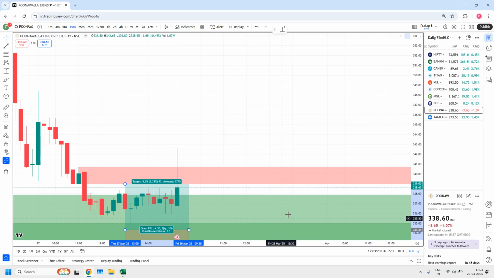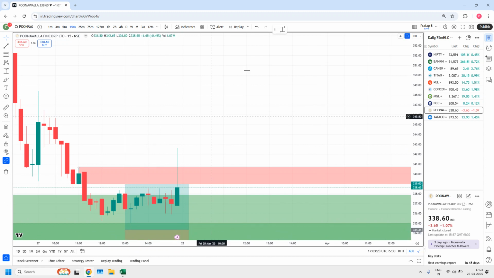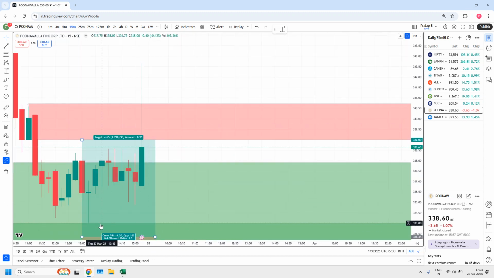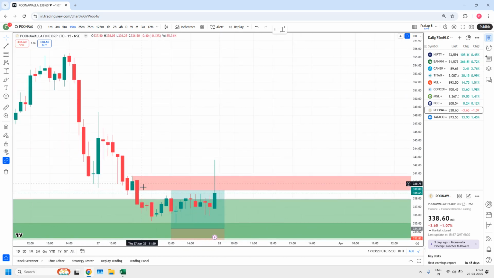Okay. This could have been your entry. Even then you might have missed your trade. See, price did not enter into the zone, if you are convinced this is the 15 minutes target.